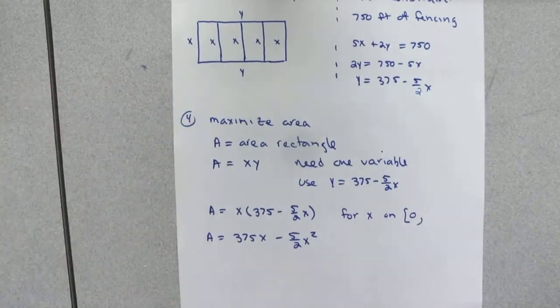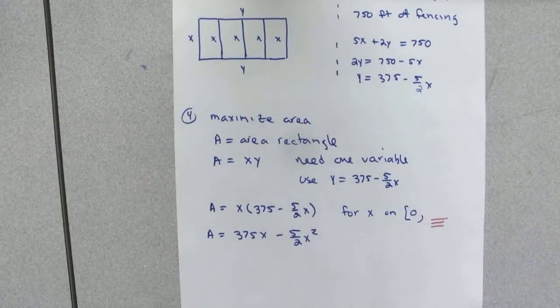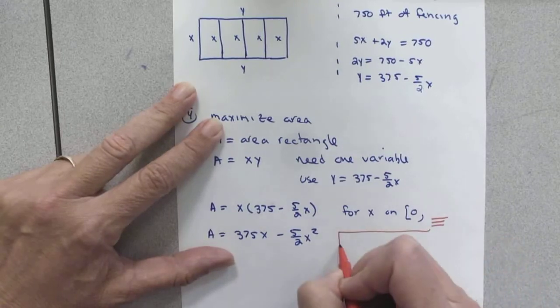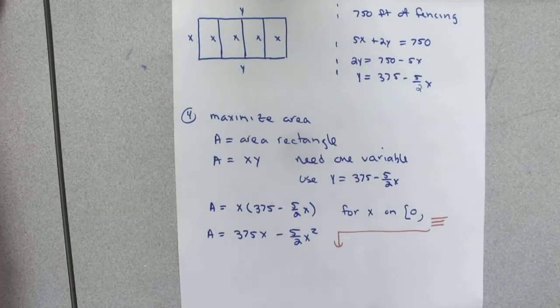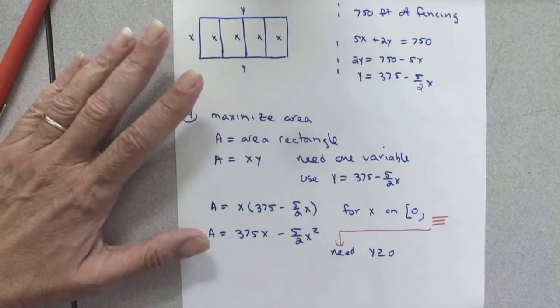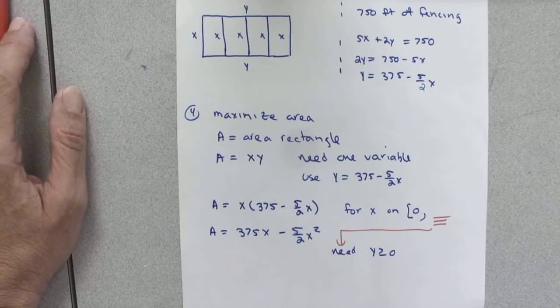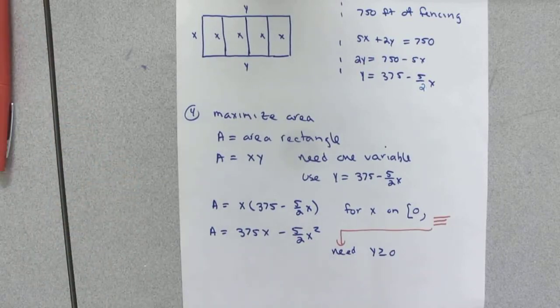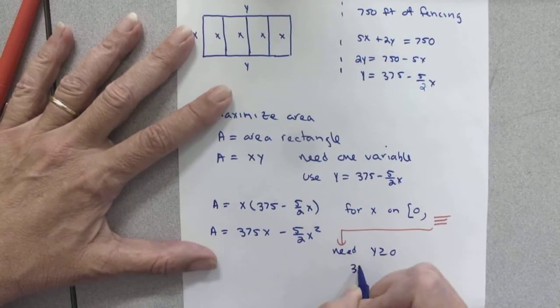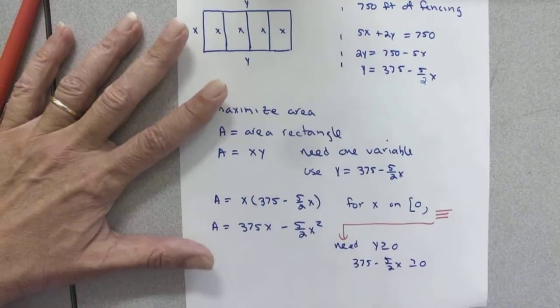The second one, that's the harder one. That comes from your second variable that we need here, y. The secondary variable also needs to stay greater than or equal to 0. Again, not going to fuss about whether you do the or equal to part. And so that'd be 375 minus 5 halves x greater than 0.